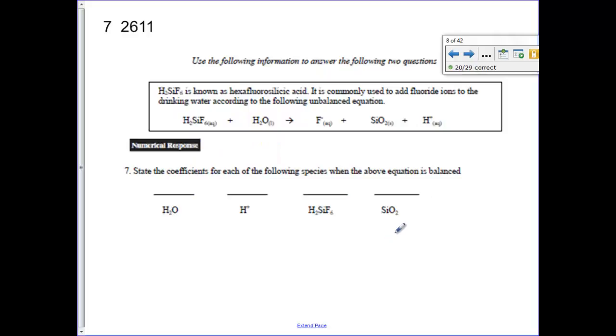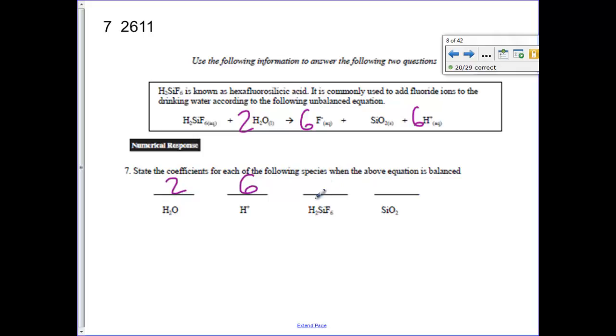Okay, here's one that requires some balancing. The way to balance this is that you need to put a 2 here, a 6 here, and a 6 here. So in terms of answering it, this should have been a 2, and this should have been a 6.